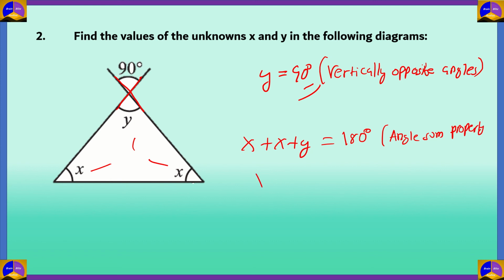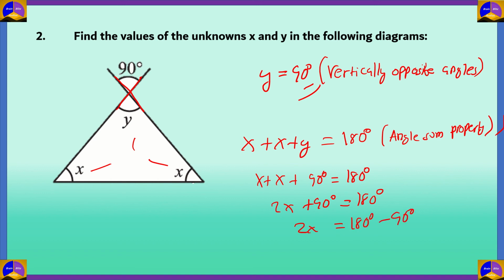So we know y, x plus x plus 90 degrees would be equal to 180 degrees. So, x plus x is 2x. 2x plus 90 degrees would be equal to 180 degrees. 2x would be equal to 180 degrees minus 90 degrees, which is equal to 90 degrees.